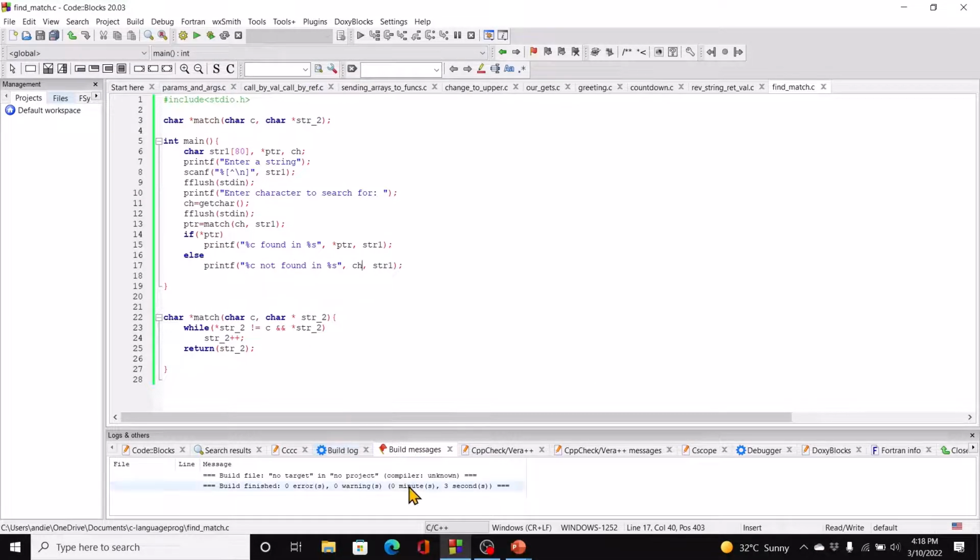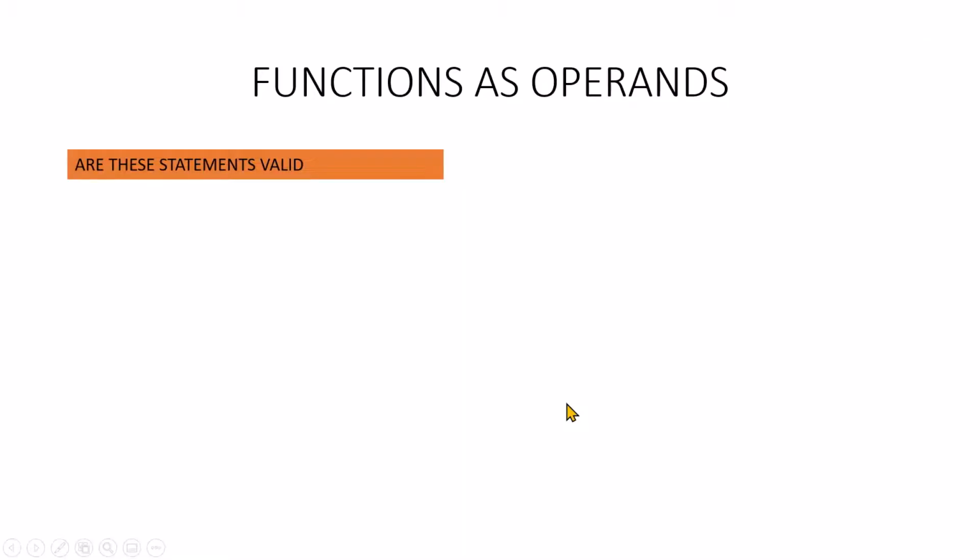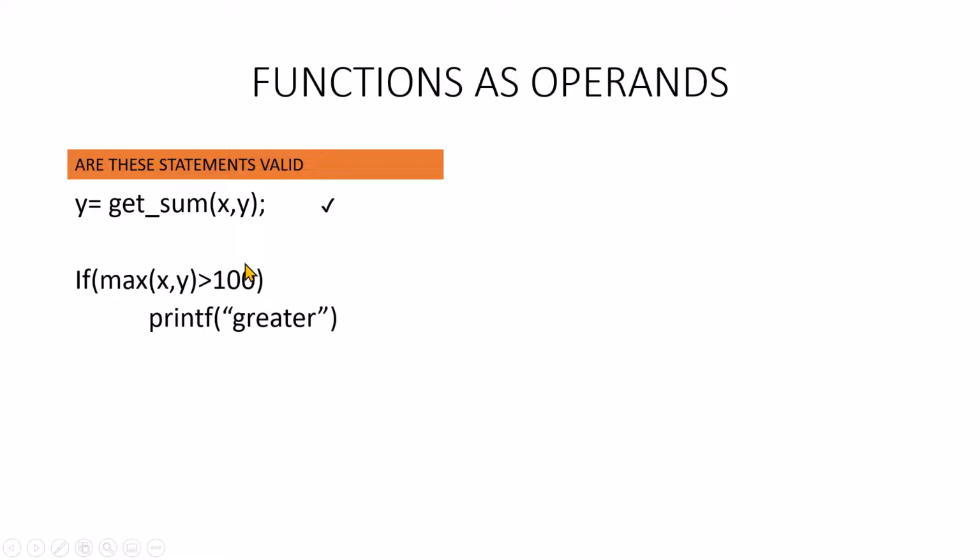Right, so moving on. Functions as operands. Continuing our discussion on that. Are these statements valid? The first one, yes. Right, we can have a y receiving the result or the return value of getSum. What about this one? If max(x, y) greater than 100, printf greater.